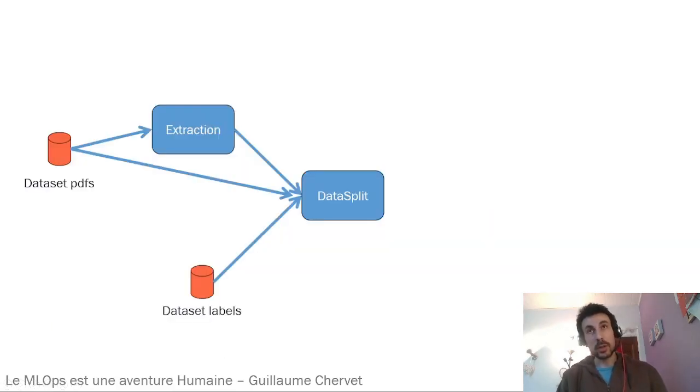And that gives us our training pipeline today, which looks like this, i.e. we have our PDFs as input. We extract flat images from all these PDFs. We're going to want to have these images as input to the data split, but as we want an integration PDF, as we want to extract PDFs to run integration tests on our production, we also need to point to this data set for our data splitting step.